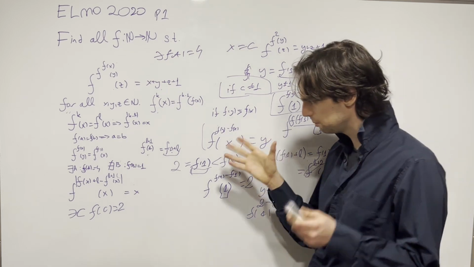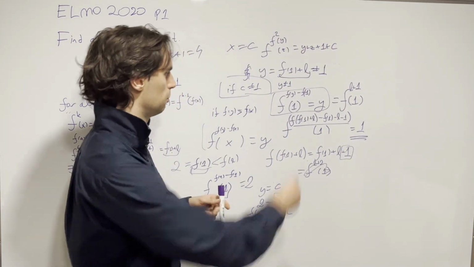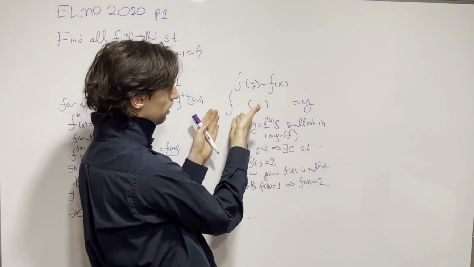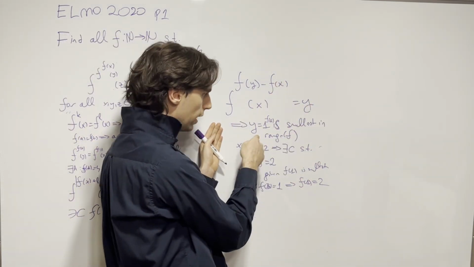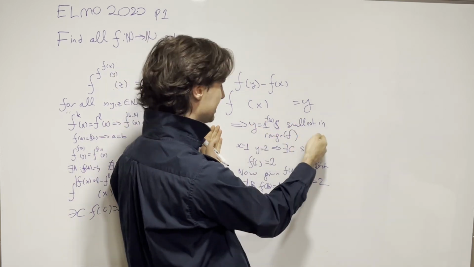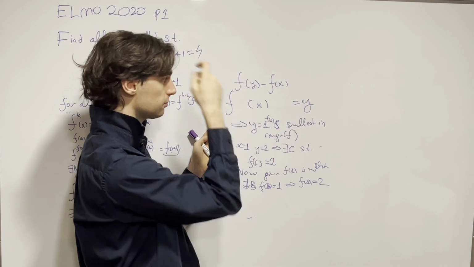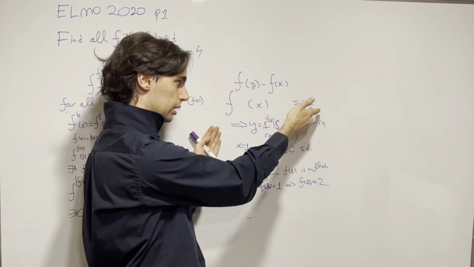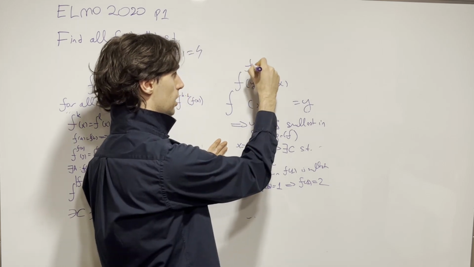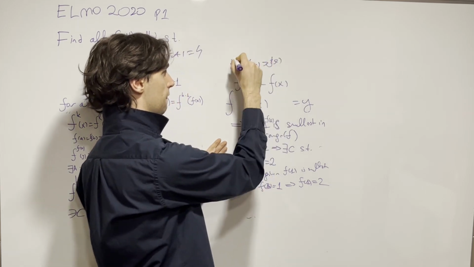Let me just double check this argument, so let's clear the board. From plugging in y equals 1, we get that 1 is the smallest in the range of f. Right, it can't be anything smaller than 1, otherwise we would get a 1 on this side. Also, f of y is greater than f of x.